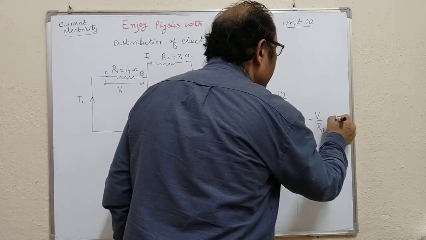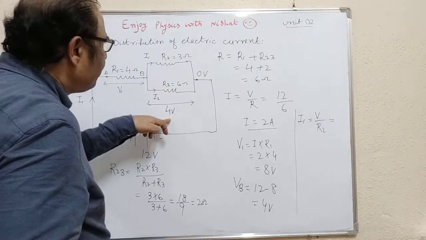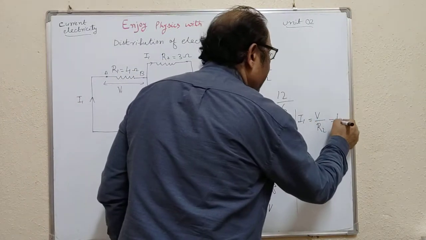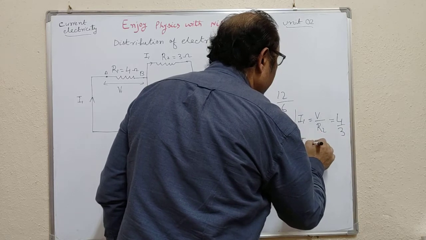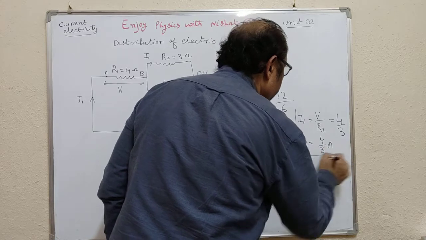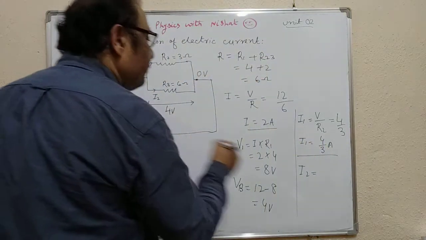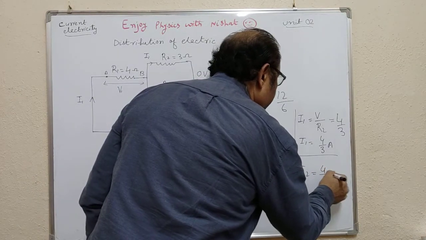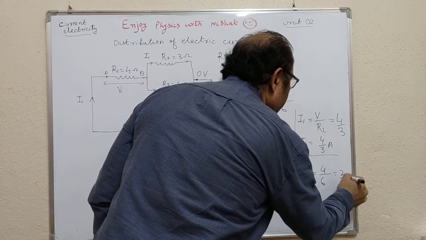So V equal to 4 and upon 3. So I1 equal to 4 by 3 ampere, and similarly I2 is equal to the same potential 4 upon 6, and that is 2 upon 3 ampere.